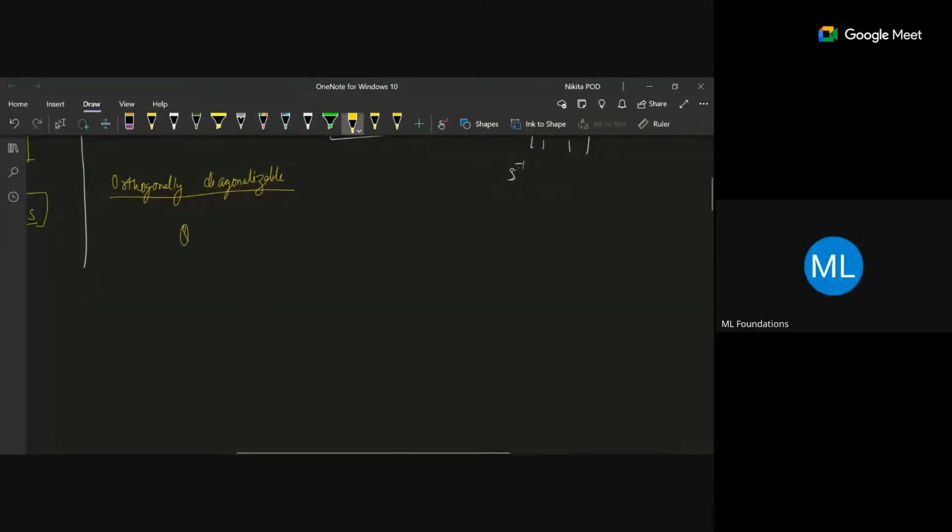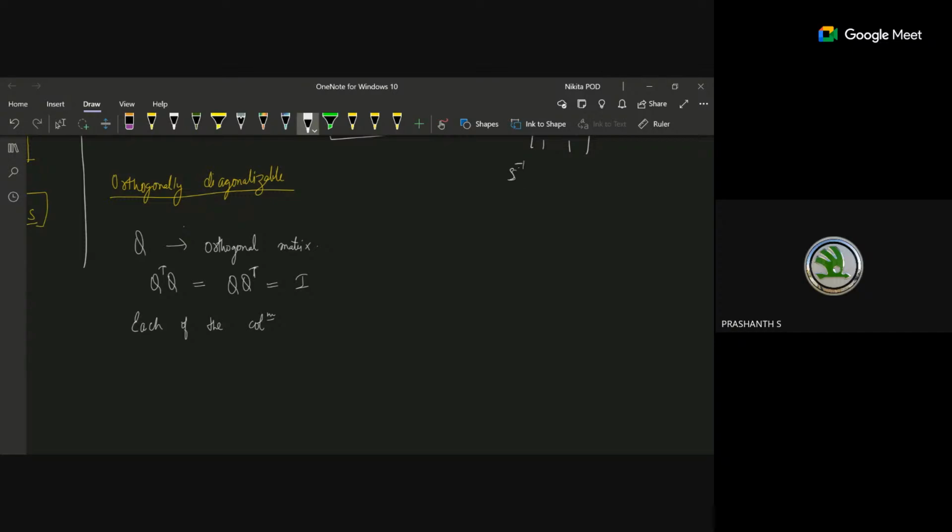If I'm saying Q is an orthogonal matrix, then Q transpose Q should be equal to I, and Q Q transpose should also be equal to I. And each of the columns of this matrix should have unit length.